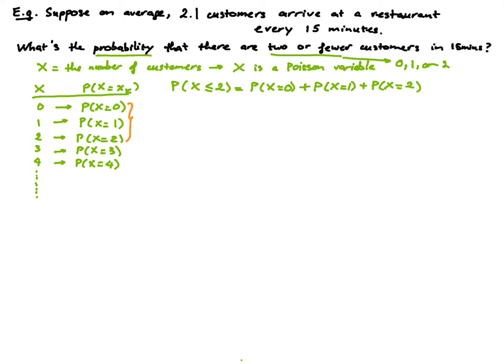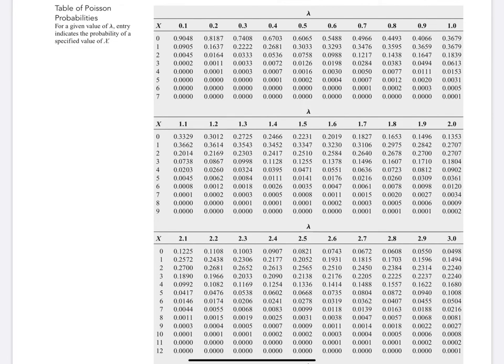The problem tells us that that value is 2.1. So 2.1 here is mu, right? So now let's go to the table. What I want to look for is the column labeled 2.1. So it's going to be this column.